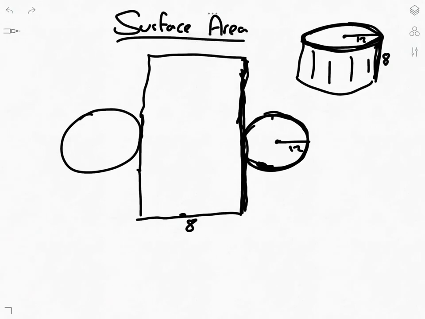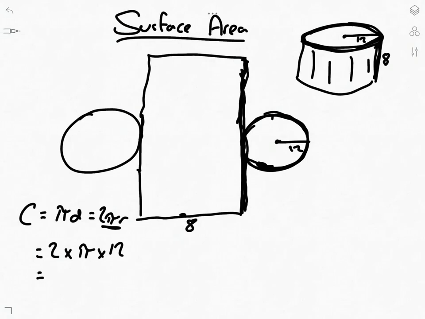So circumference, C equals pi d, or equals 2 pi r. I like this one because we've got the radius. So we're going to do 2 times pi times 12, which equals, let me just do it, 24 pi, 75.398 dot dot dot.